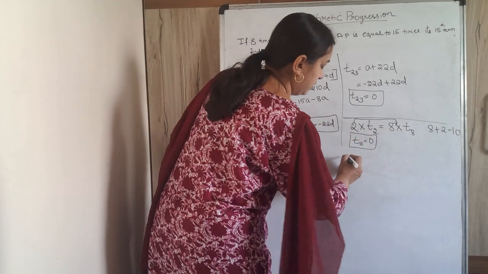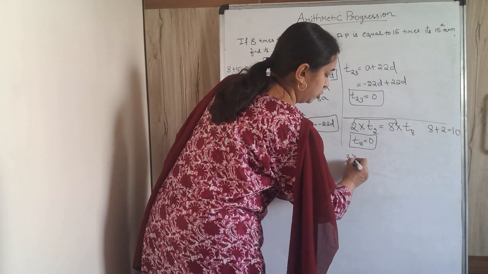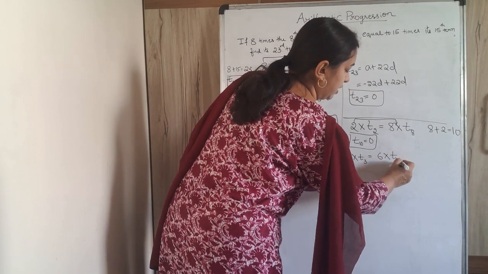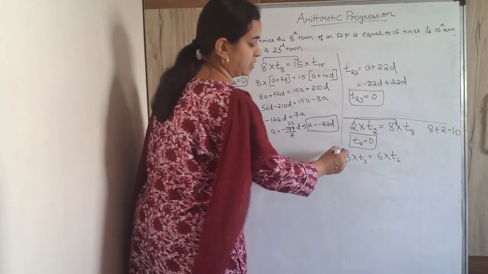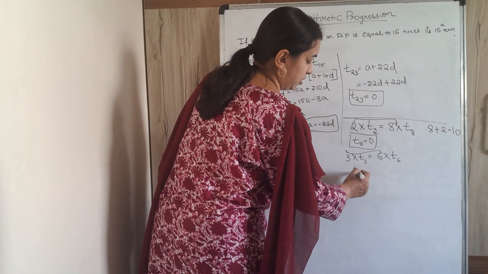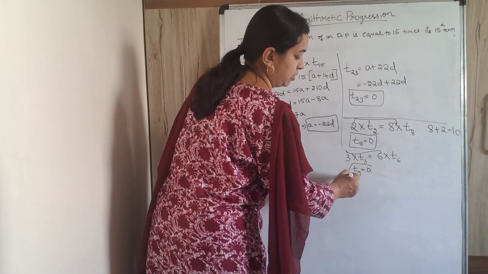One more example: 3 into T3 is equal to 6 into T6. If they ask for the 6 plus 3, 9th term, then it will be equal to 0.